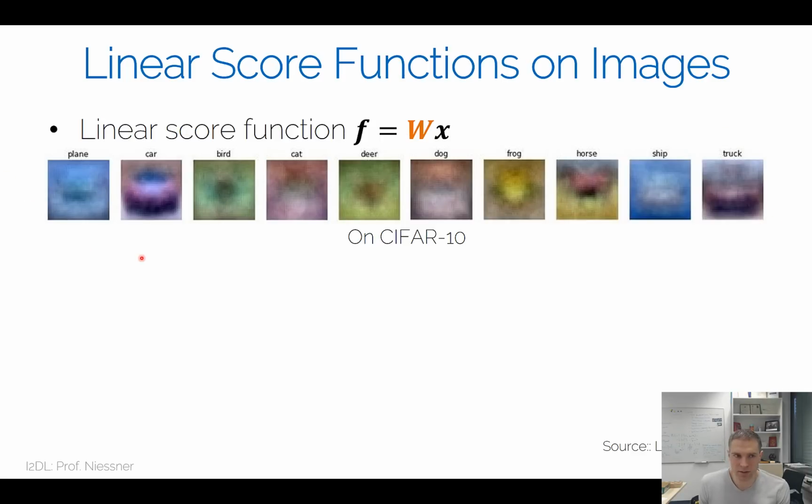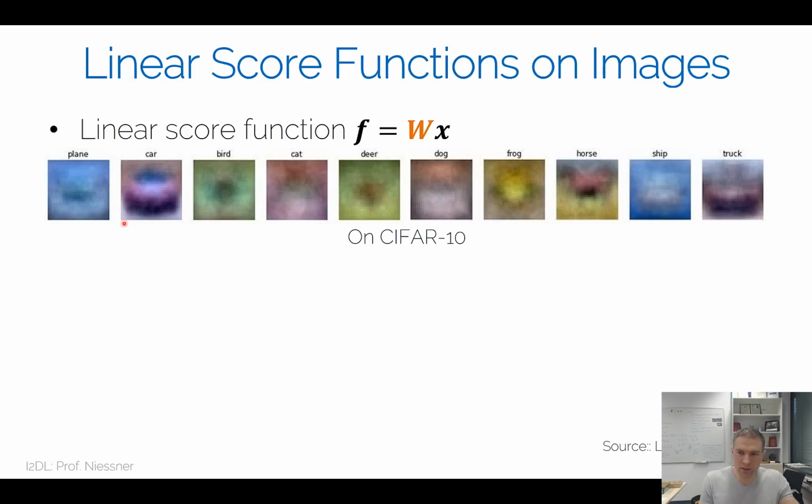And what's funny about this is if you're looking at this image here, you see that this kind of looks like a car, right? So in other words, I didn't go into the math of how we have optimized this, but in practice, what we have done here is we're trying to find, on average, what is the most common feature, what's the most commonality in our data set, such that the score functions become high.